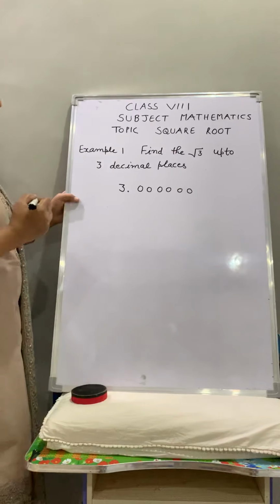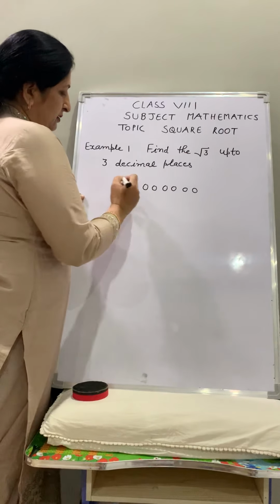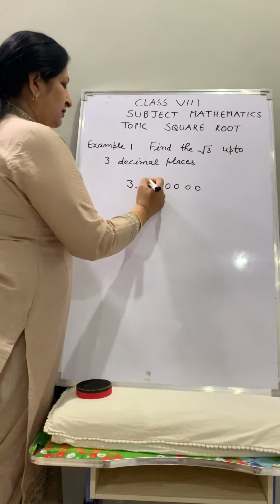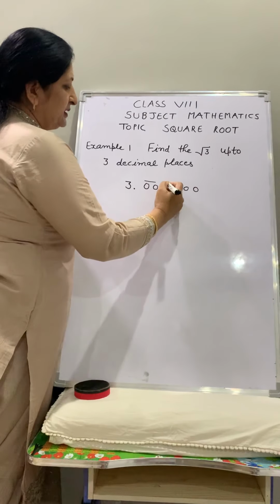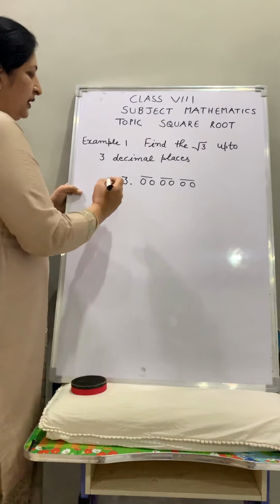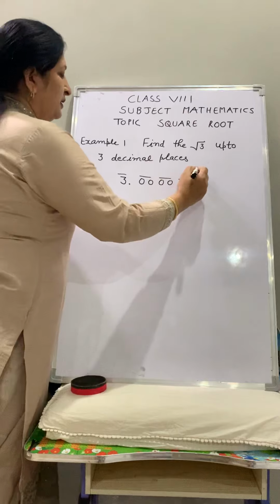We will write 6 zeros here. How do we make periods? First period, second period, third period in the decimal part, and in the whole part it is only 1 period.